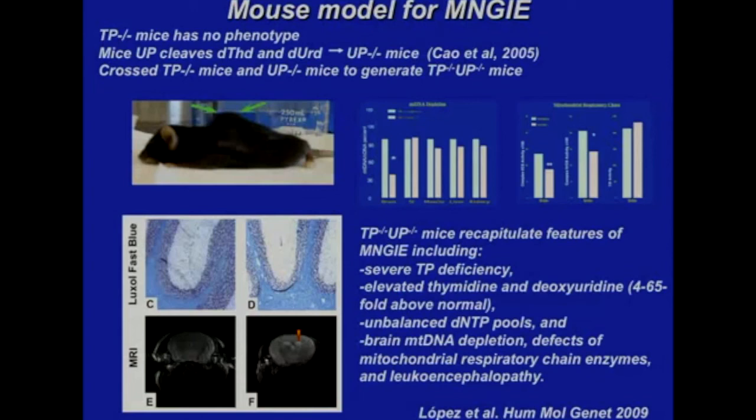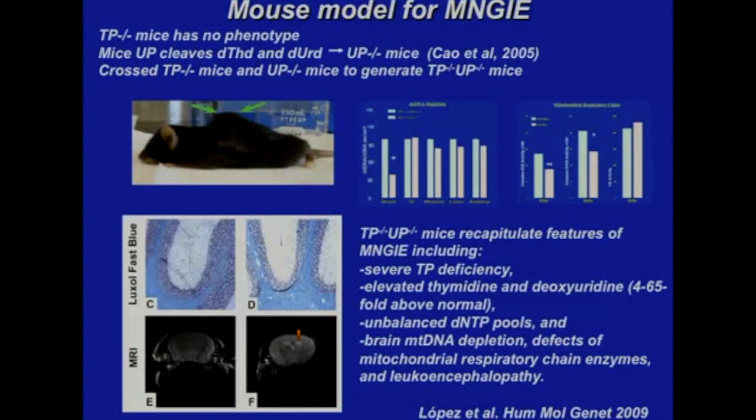So they recapitulate many of the features of this disease. We then stressed the mice by giving them thymidine and deoxyuridine, and the phenotype got worse. They died early and developed more severe leukoencephalopathy, brain disease. So that confirmed that the toxic metabolites, thymidine and deoxyuridine, are the cause of this disease.